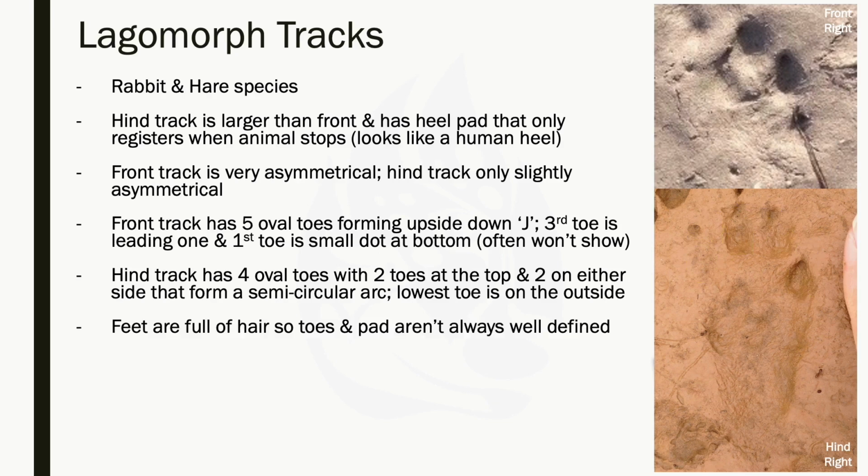Okay, also, what you'll notice in most rabbit species, and some of them you'll see a huge amount of this, is hair that shows up, and it can make it very difficult actually to read the track and pick out individual features of toes or the pad. And you can see that here in this blue circle in the front foot.